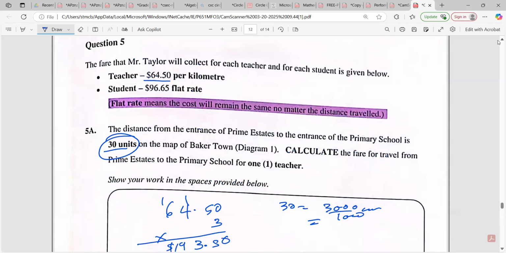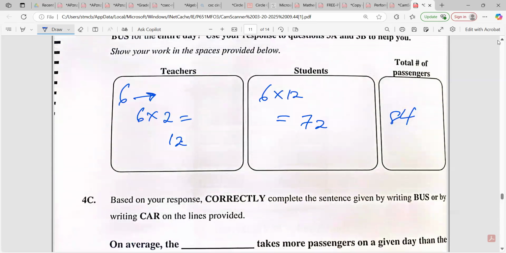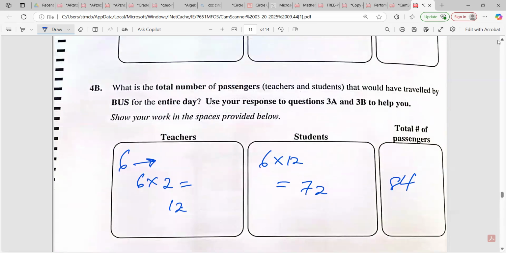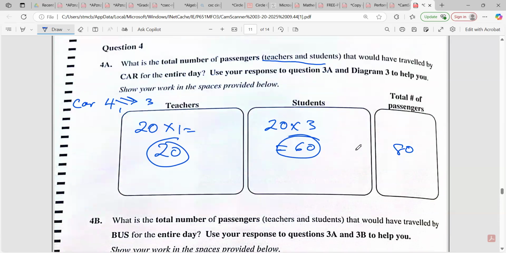I'll just do an overview for the end of the video. The bus is 84, so 12 of this and that. Yeah, so this is better. And this is the car, 20 by 60, which is 80.